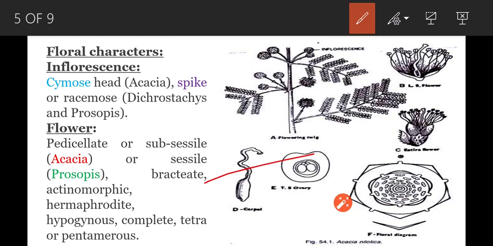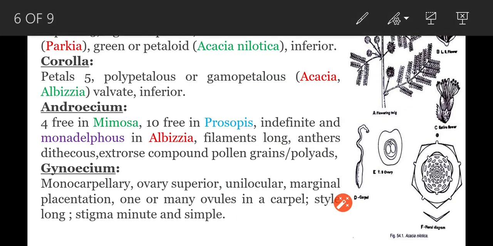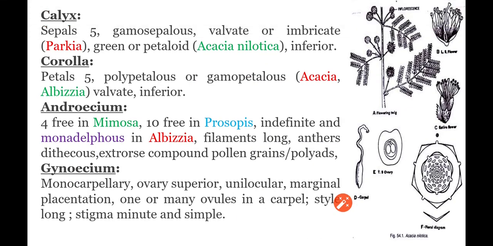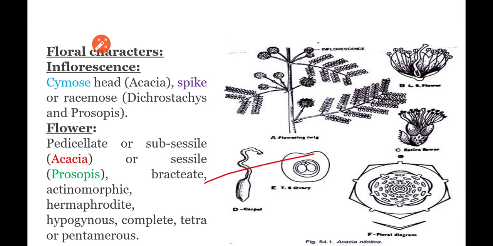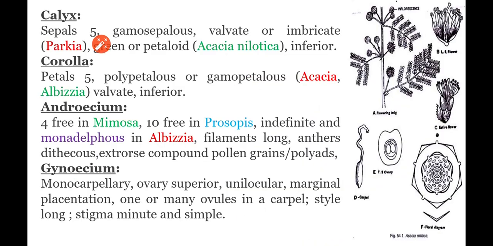Next, coming to floral parts. In that, first one is calyx. Calyx is the outermost whorl of the flower. This calyx comprises 5 sepals, but only 4 sepals are present in Mimosa pudica, that is Athipathi, the sensitive plant.